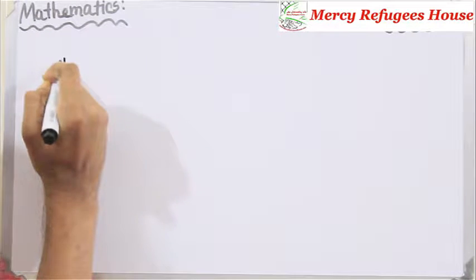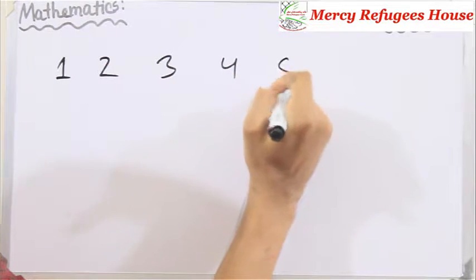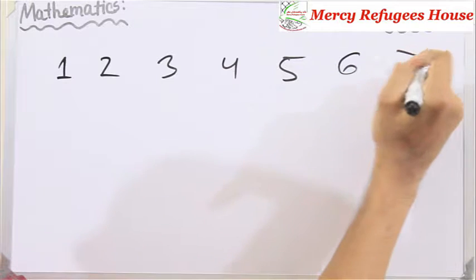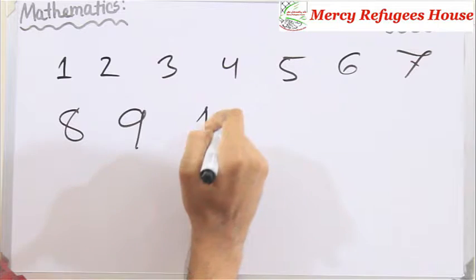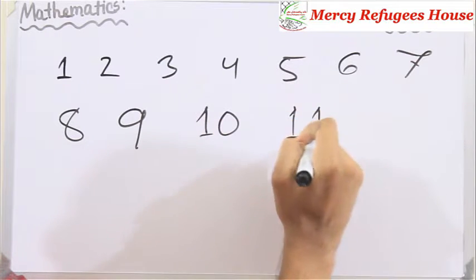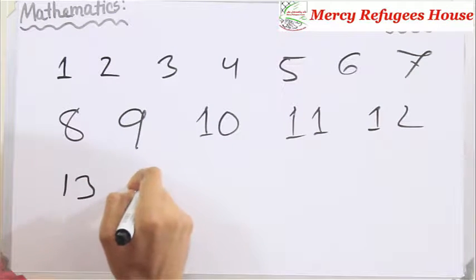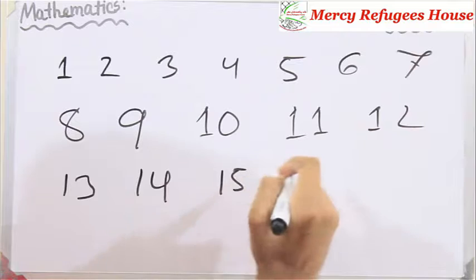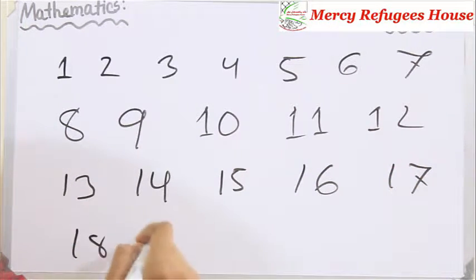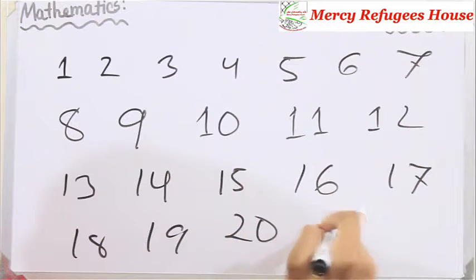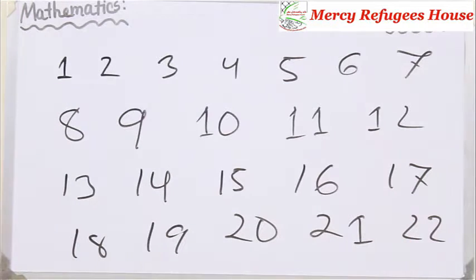First, teach them the numbers 1, 2, 3, 4, 5, 6, 7, 8, 9, 10, 11, 12, then 13, then 14, then 15, 16, 17, 18, 19, 20, 21, 22. Now, it might take some days.